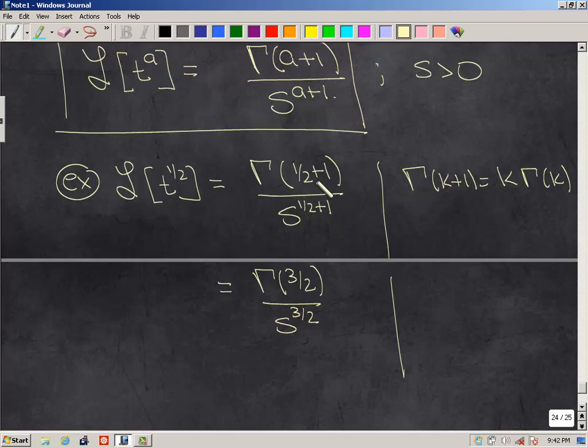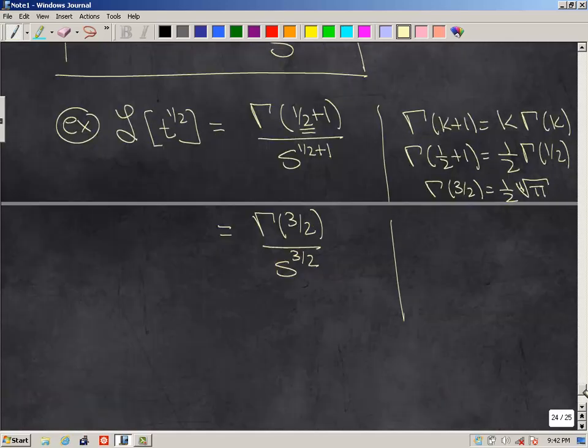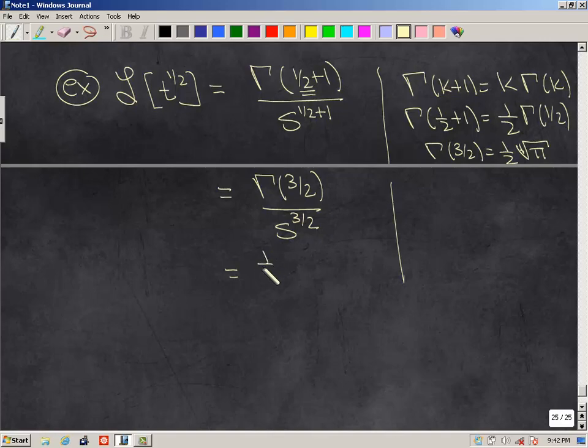Okay, if you look at it, k is what? Half. So we get gamma of 1/2 plus 1 is equal to 1/2 times gamma of 1/2. This is just gamma of 3/2, which will give you 1/2 times square root of pi, because gamma of 1/2 is square root of pi. So this gives us 1/2 times square root of pi over s raised to 3/2.